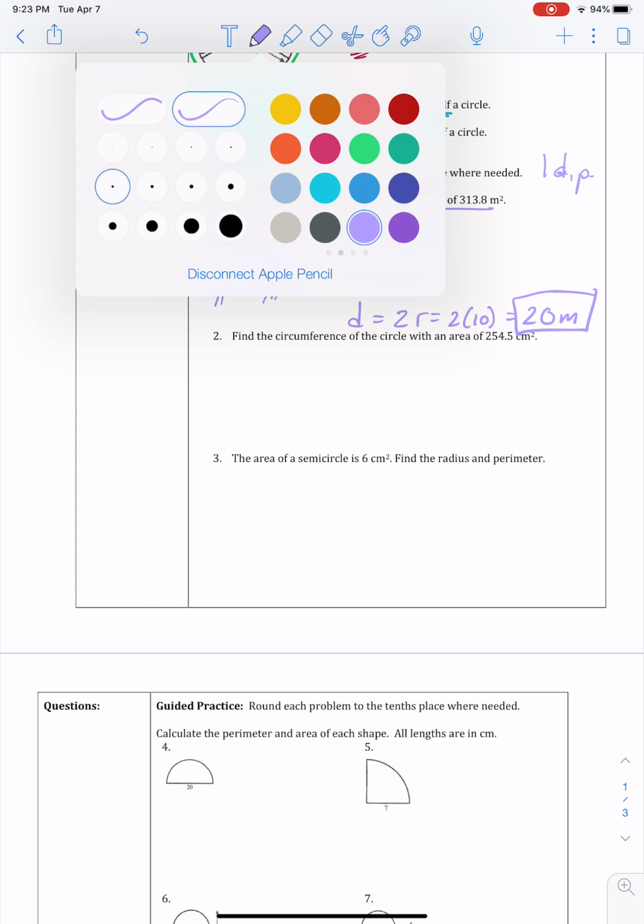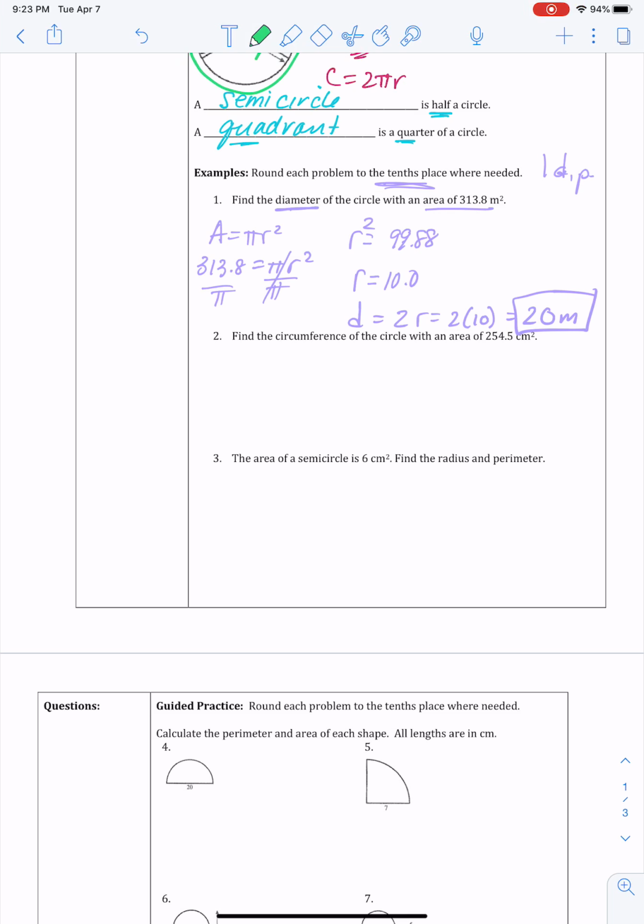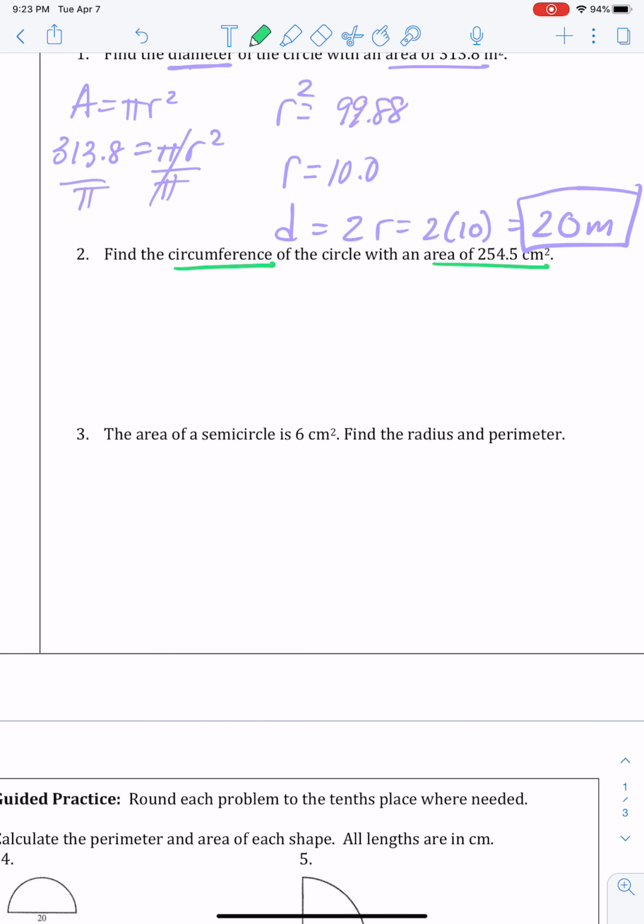Now, I want you to read the next question carefully. I need to find the circumference if I have the area. So that's going to be a 2-part question, because first I have to find the radius, and then I have to use the radius to find the circumference. So we start with the idea that area equals pi r squared.